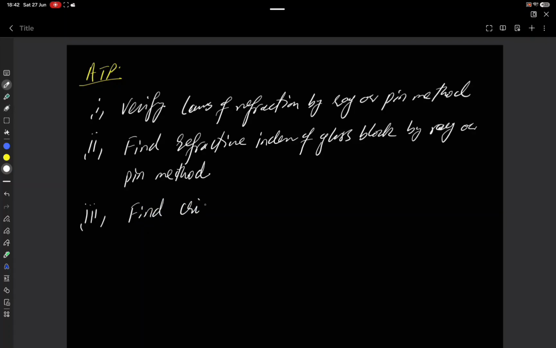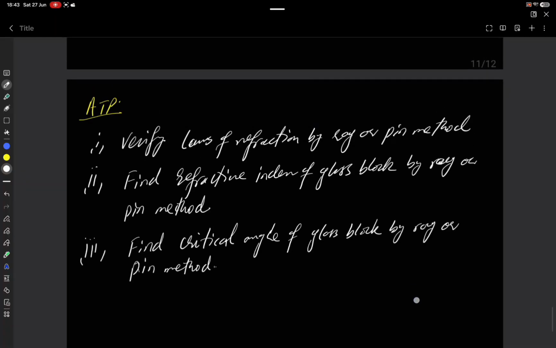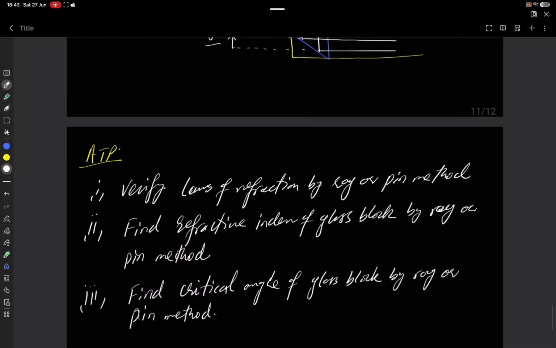Find the critical angle of glass block by ray or pin method. So these are the experiments that come in the ATP past paper.